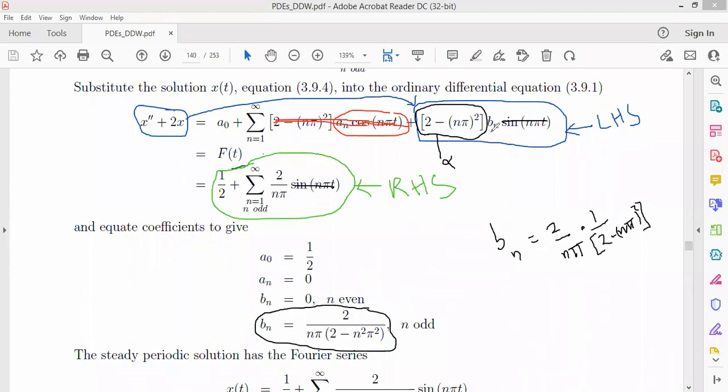So it implies that now the Bn that we have, let me use maybe this color here. So this Bn we have here, I hope you can see this color here.